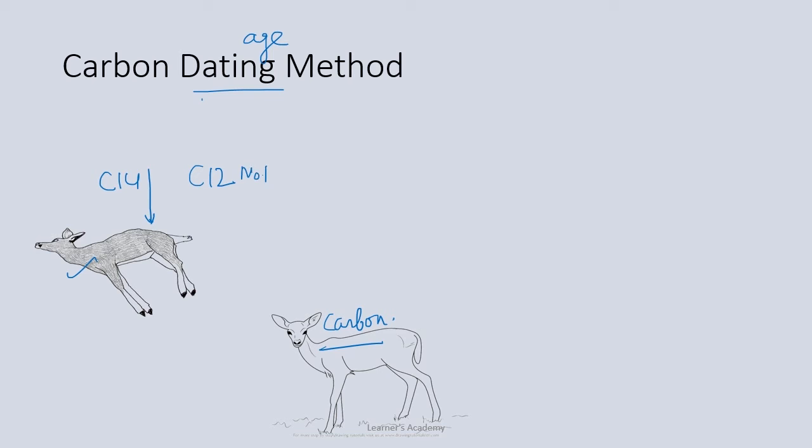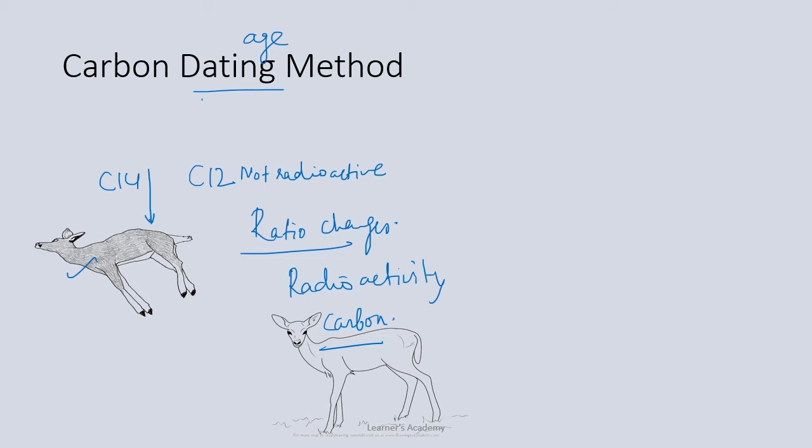Therefore, the ratio between carbon 12 and carbon 14 changes continuously. The time passed since the death of a plant or animal can be calculated by measuring the radioactivity of carbon 14 and also the ratio between carbon 14 to 12 present in their body. This is called the carbon dating method.